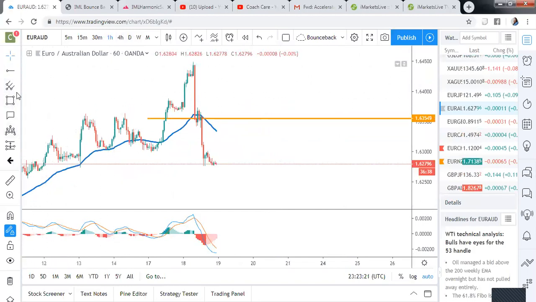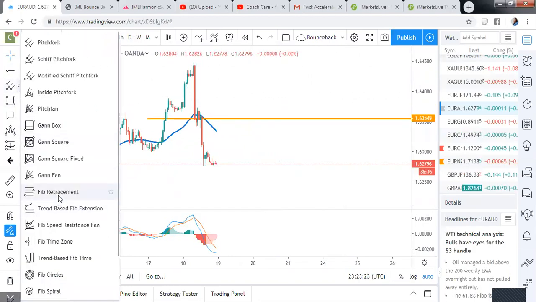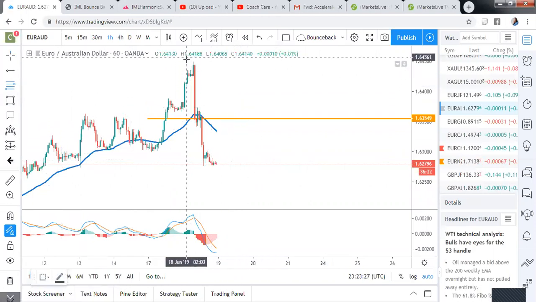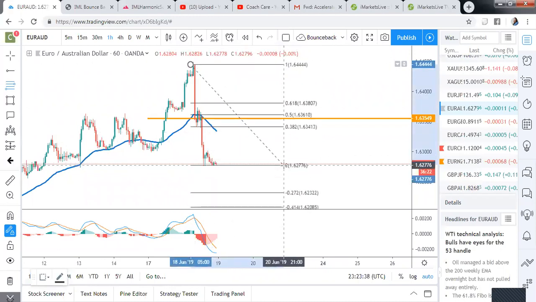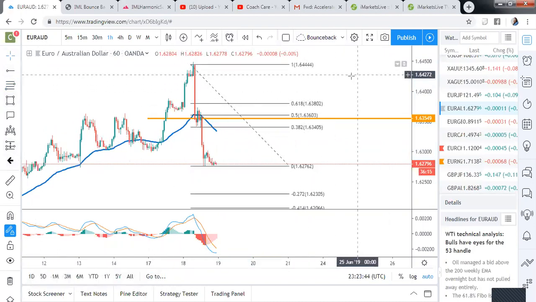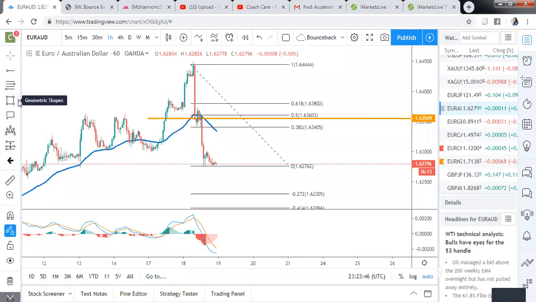So we're going to use the Fibonacci retracement. And remember I mentioned in the last call, starting from the top of the leg to the bottom if it's a sell. If it's a buy, you're starting from the bottom to the top. So starting from the top to the bottom, we have two scenarios that could potentially happen here.